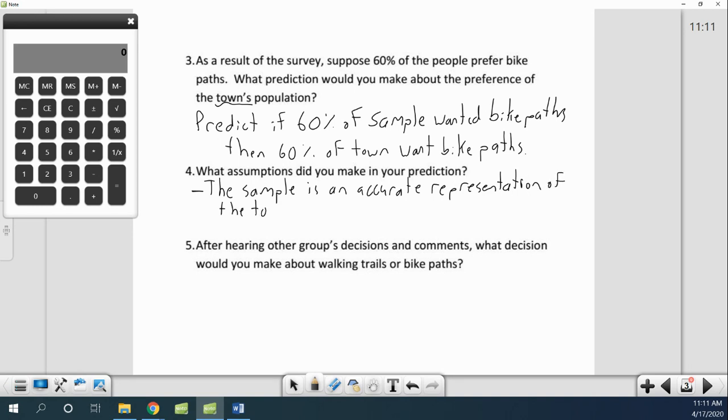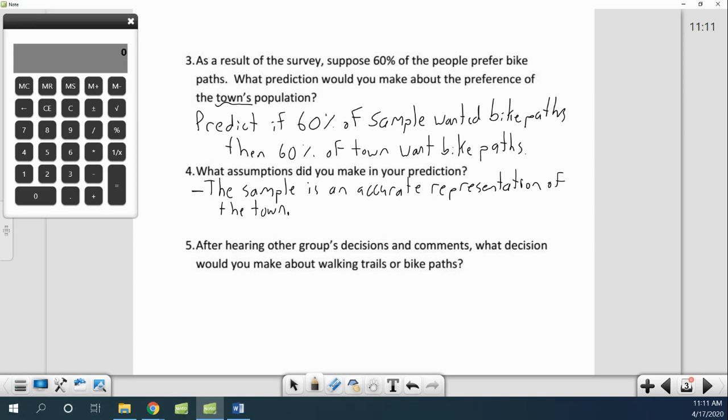Now, we did things kind of semi-regular or randomly, right? We just called down an alphabetical list. There's no guarantee that we didn't get all people that are part of a cycling club, or we skipped everyone who's part of a walking club, or it could just randomly have happened, right? But because the odds of that are really small, of missing every single person with a certain set of interests, we're assuming in this case that the sample should be an accurate representation of the town.